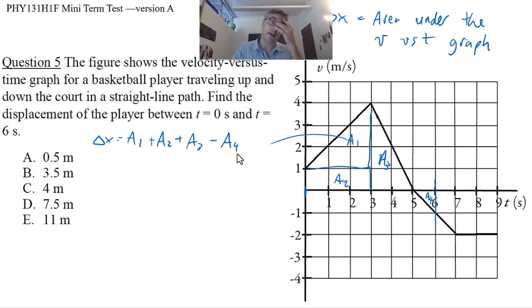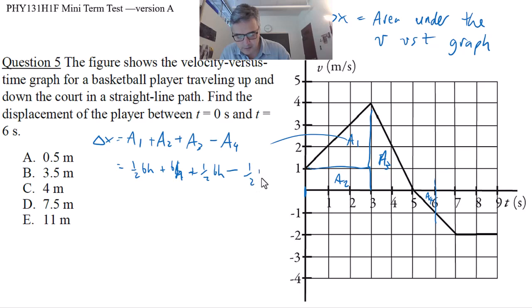And so I'm just going to use triangle or rectangle rules. A1 is going to be 1/2 base times height. A2 is just going to be the base times the height. Plus A3 is going to be 1/2 base times the height. And then minus 1/2 the base times the height. They all have different bases and heights, but I'm not going to put subscripts everywhere. It's 1/2 of the base, which is 3 seconds. Just keep SI units here.